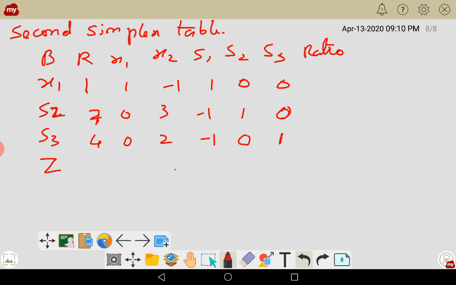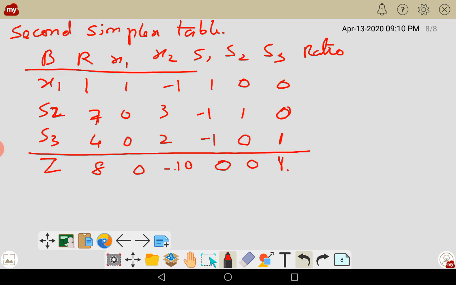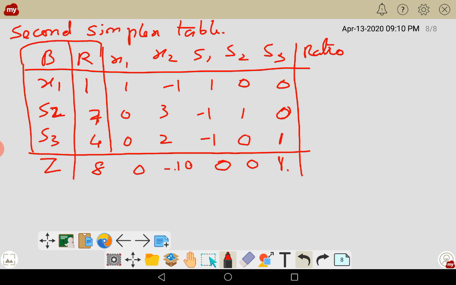The last row is 8, 0, negative 10, 8, 0, 0, 1. So this is the table. This is the solution table, isn't it? And you will find here the solution in B and R. This is our simplex table.